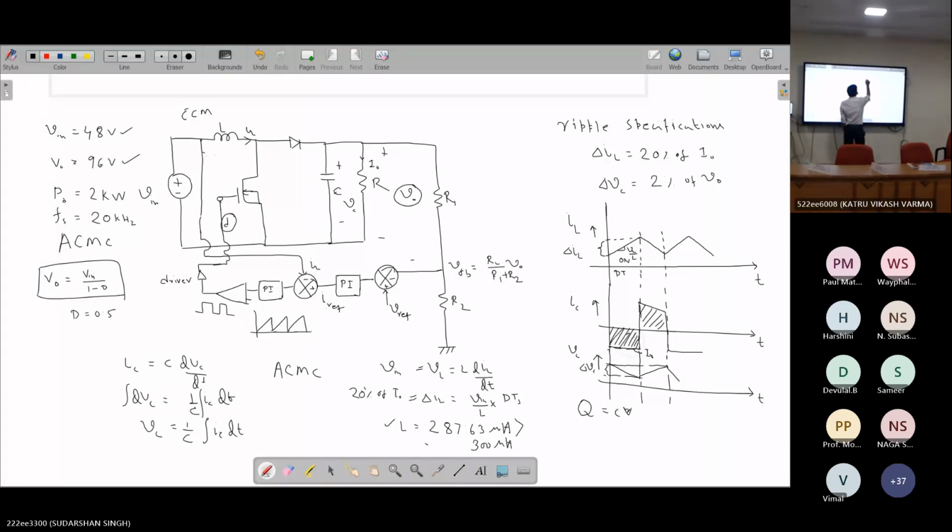Which is your I0 into dTs. This is the amount that is discharged from the capacitor during on time, which is nothing but equal to your C into the voltage variation across the capacitor, delta VC.